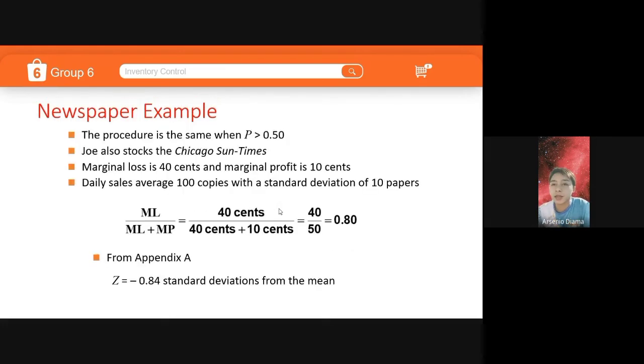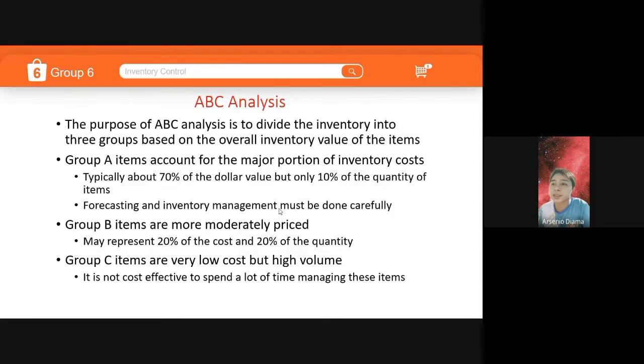Next is ABC analysis. The purpose of ABC analysis is to divide the inventory into 3 groups based on the overall inventory value of the items. Group A items account for the major portion of inventory cost, typically about 70% of the dollar value but only 10% of the quantity of items.